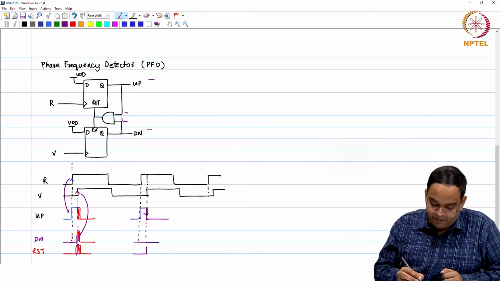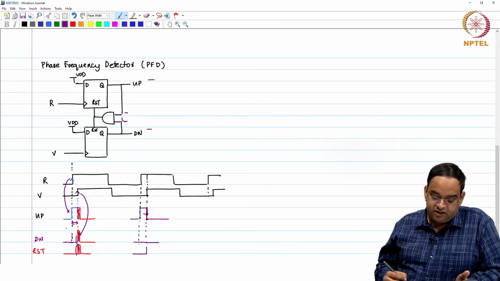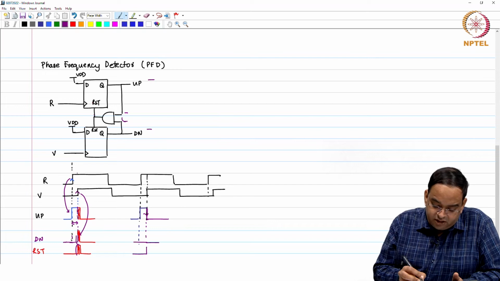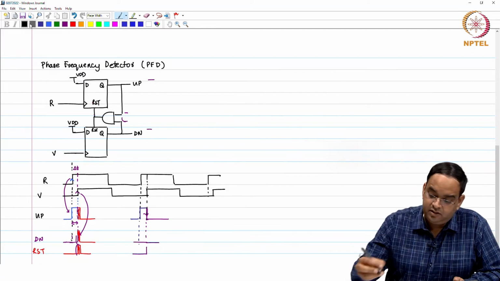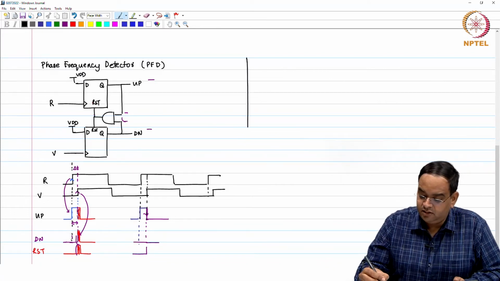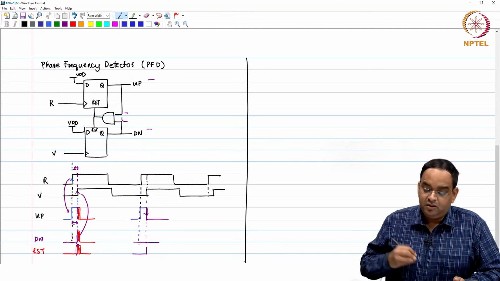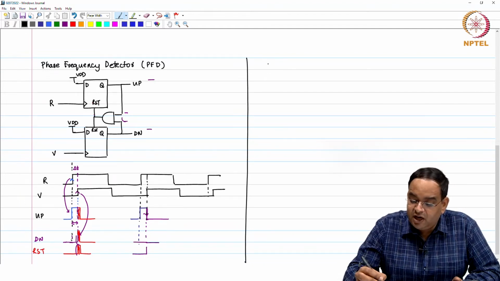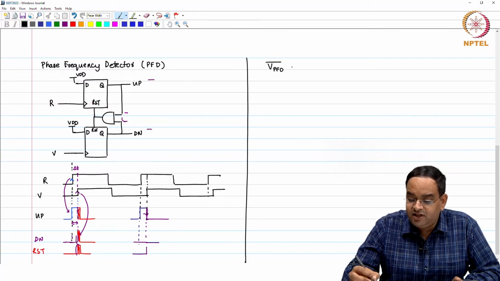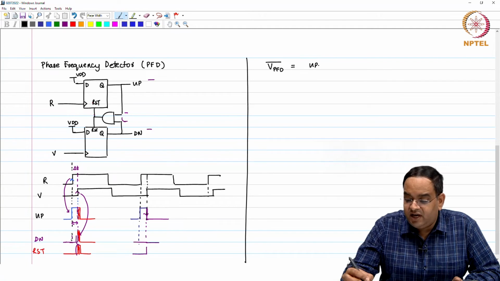So, now you look at up minus down is high only during the time of the phase error. So, this is delta t. If I want to write the average of the PFD output, so V PFD average is equal to up minus down average.